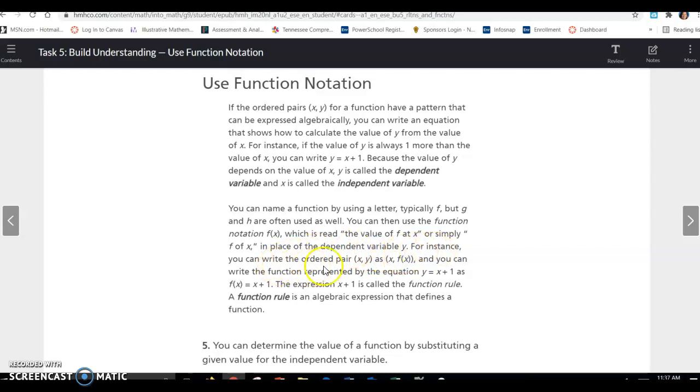For instance, you can write the ordered pair x, y as x, f of x, because f of x is just another way to write y. And you can write the function representation of the equation y equals x plus 1 as f of x equals x plus 1. The expression x plus 1 is called the function rule. The function rule is an algebraic expression that defines a function.